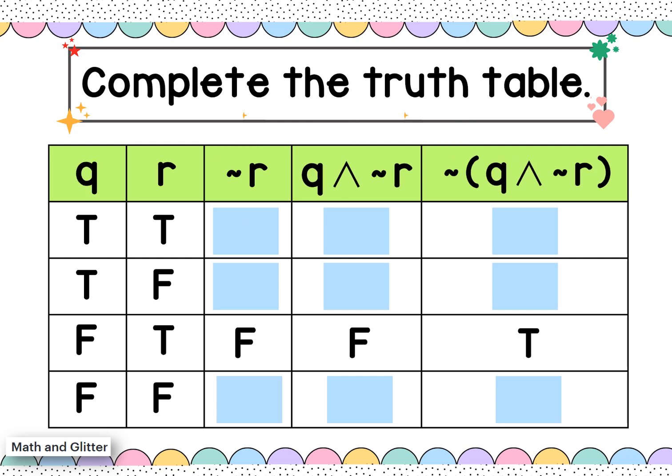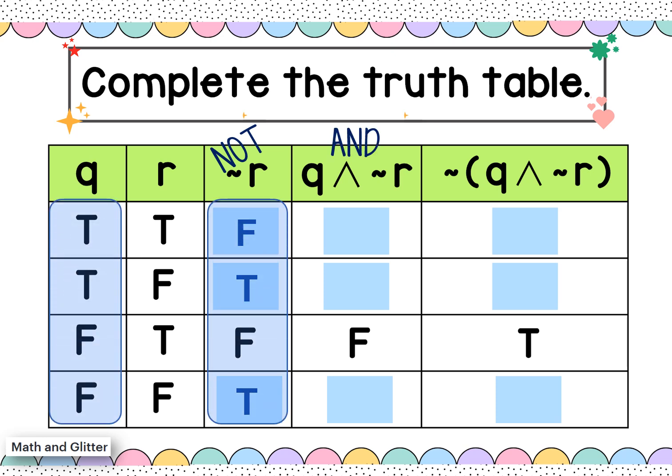Next one. We have our Q and our R. We need to negate the R. So we are using our R columns and switching the truth value so that true becomes false, false becomes true. Now we're doing a conjunction with the Q and the not R. So those two columns I have highlighted, we're looking at those, and they both have to be true to be true.